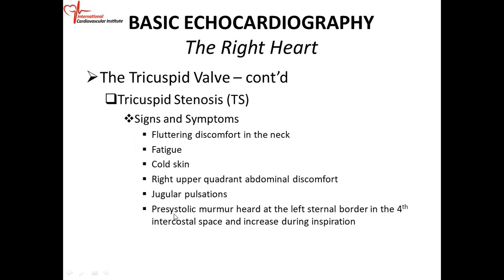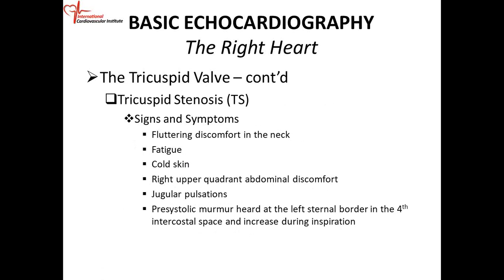And you will get, so it's a tricuspid stenosis, so it's going to be a diastolic murmur. So when you listen at the left sternal border, usually in the fourth intercostal space, you're going to get a diastolic murmur. Okay, presystolic means diastolic. And of course, anything on the right side is going to increase with inspiration.